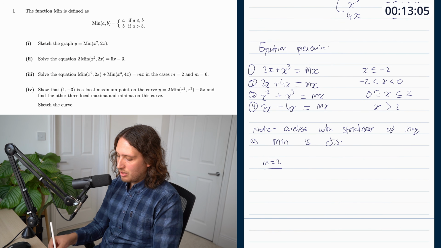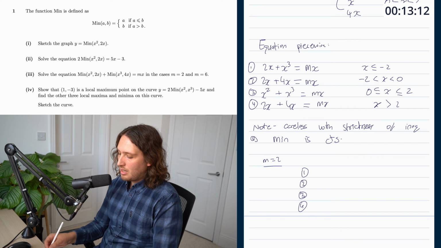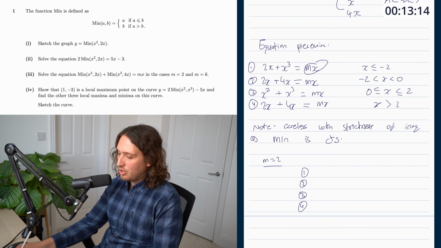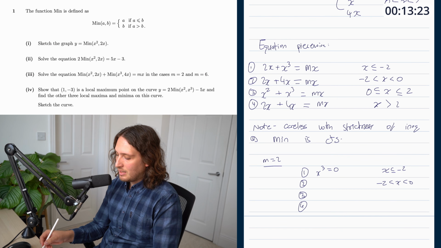So, okay, for m equals 2, I will collect what my equations read, but I will simplify them slightly. For the first case, that is now a 2x, so the x's cancel, so I get just x cubed is 0. For the next case, well, 4x equals 0.